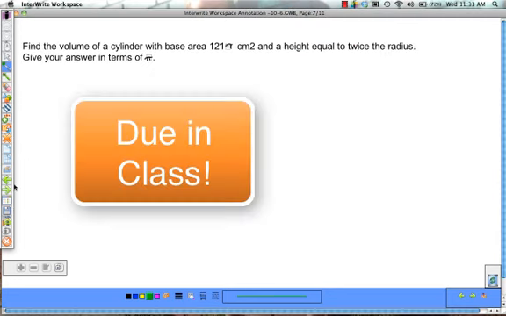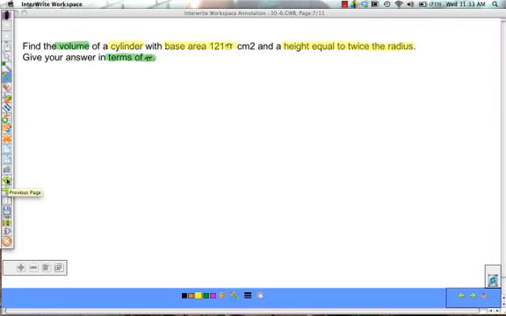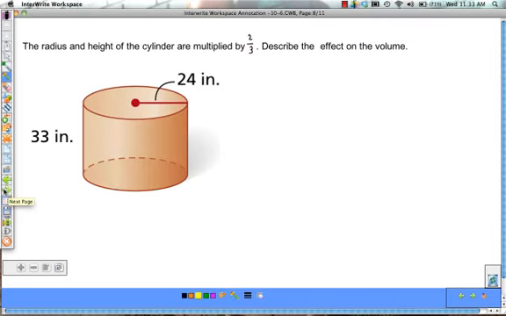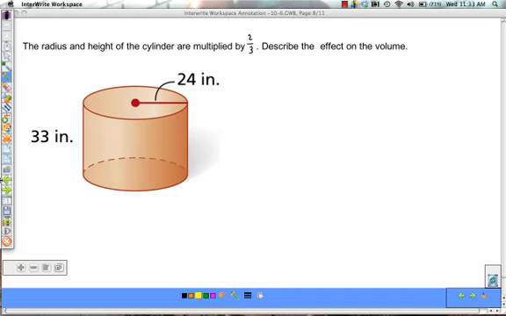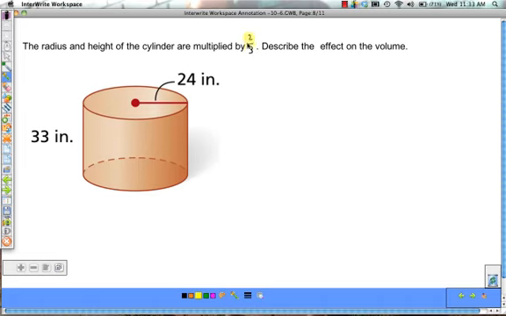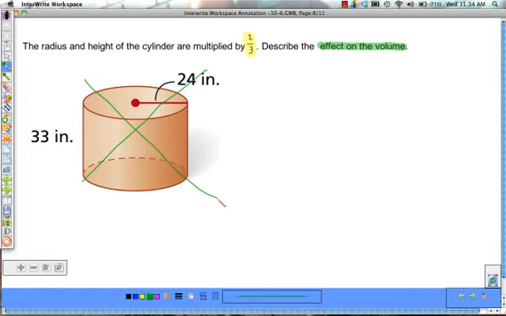So now I want you to take a look at this one. So now let's look at how we change our dimensions. If the radius and height of the cylinder are multiplied by 2/3, so we're given a scale factor here, what are we wanting to find? We want to find the effect on the volume. So do we really even care about this picture here? No, because we know that if it's volume, we need 3 scale factors.